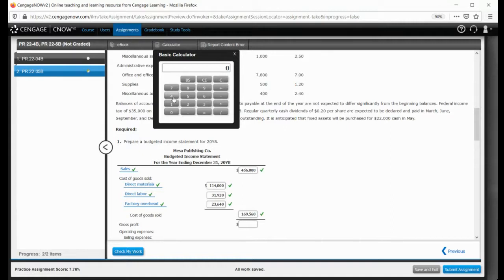You're going to take your sales of 456,000. We're going to subtract out the cost of goods sold of 169,560, and that's going to give us 286,440.